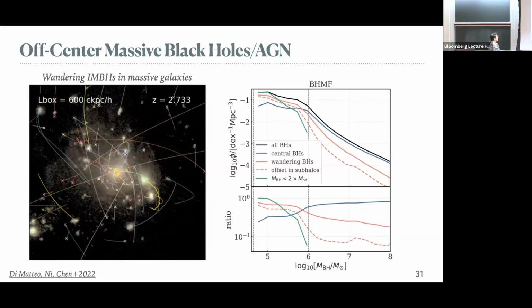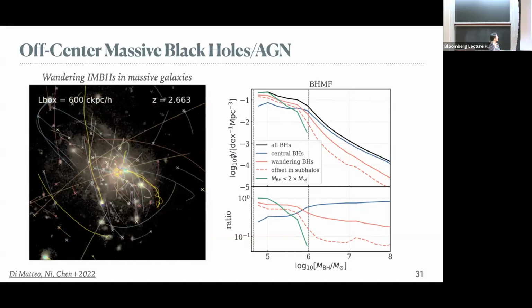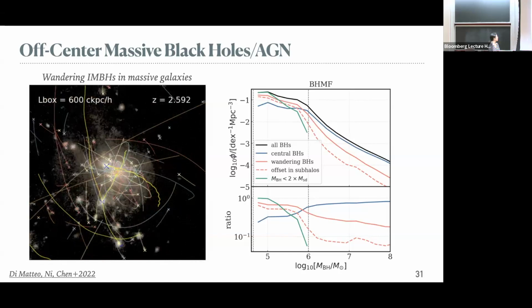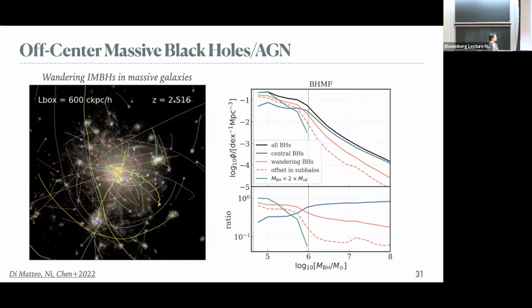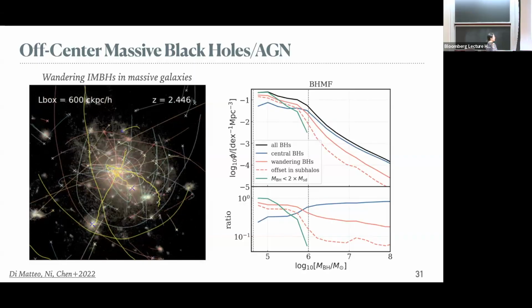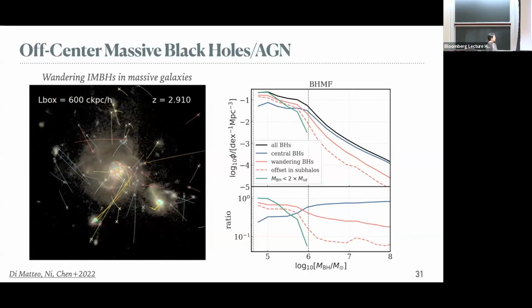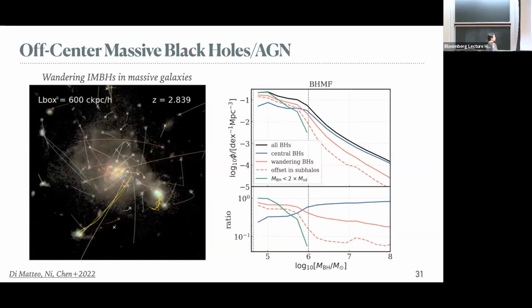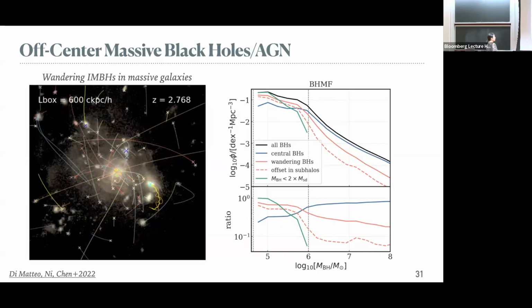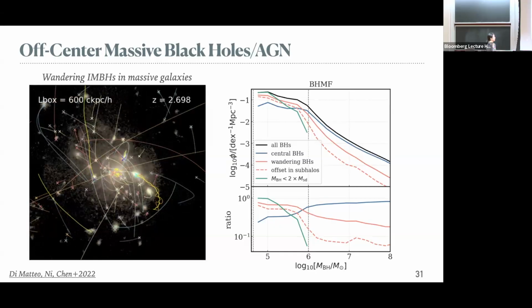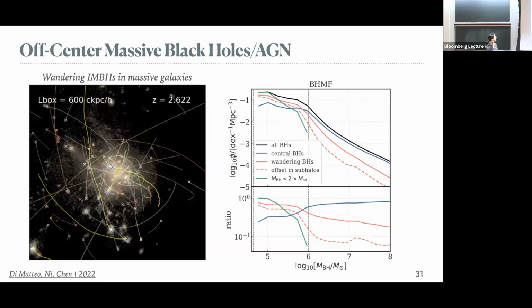So you can see that in this mass regime, basically in the seed regime, most of the seeds are already found in these massive clusters as wandering. So only a smaller fraction of the black hole seeds are in isolated galaxies on their own and still not stripped of the host.